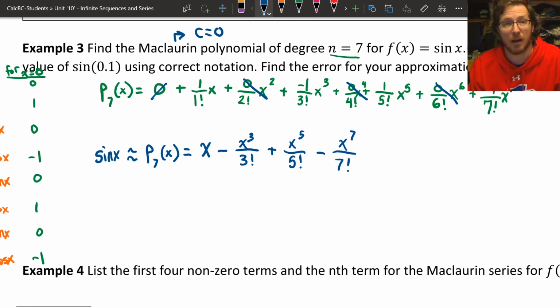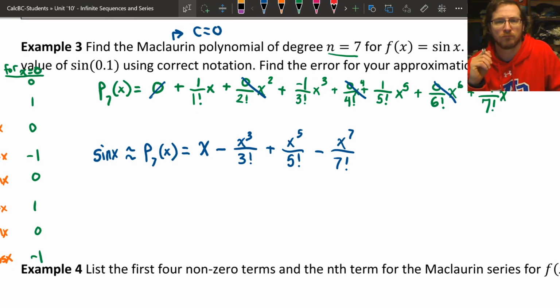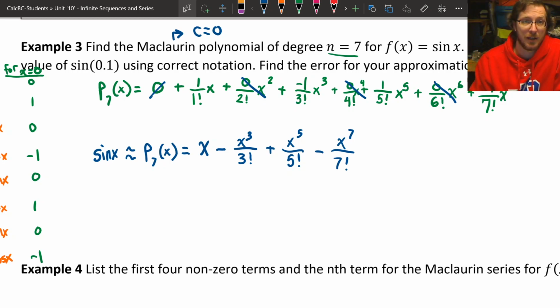That is going to be our approximation function that we're going to use to approximate the sine of x. They want us to use it to evaluate a value of sine of 0.1.